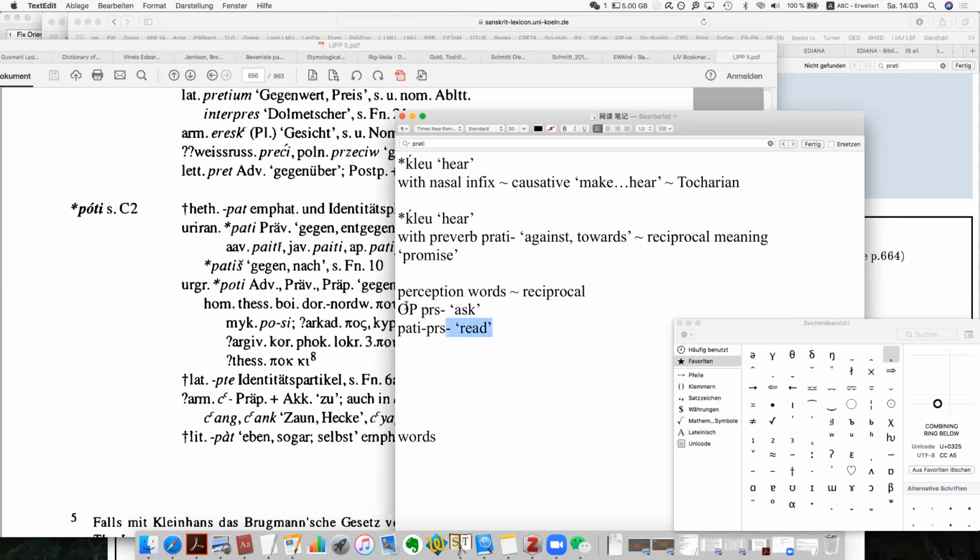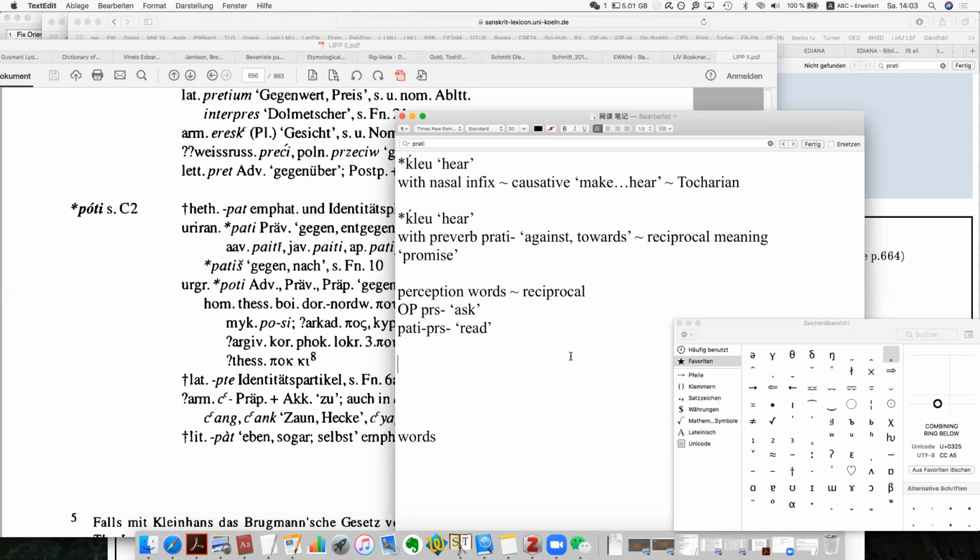So this is actually the logic, prati and pati. I hope it can explain this phenomenon, I hope it's not too chaotic. Okay, so this is actually what I want to explain, the first point.